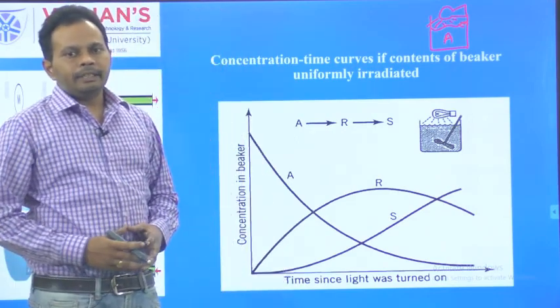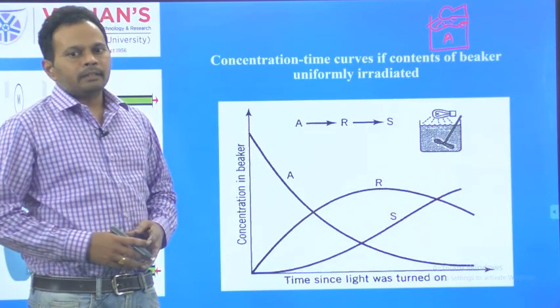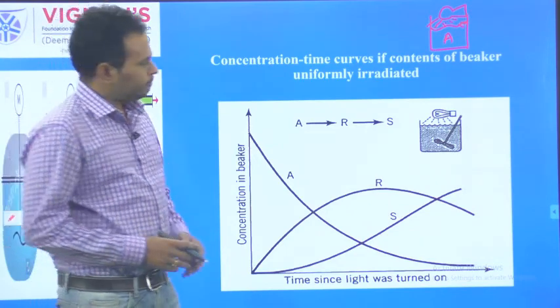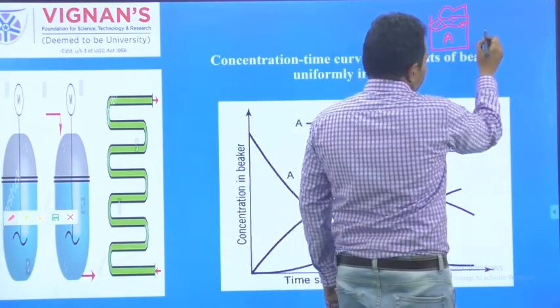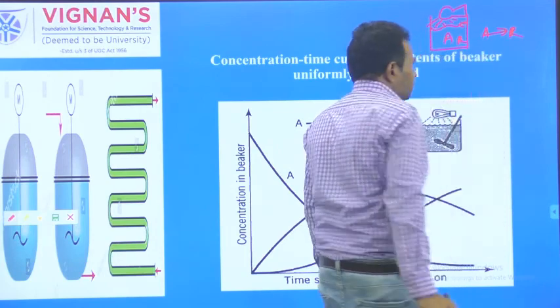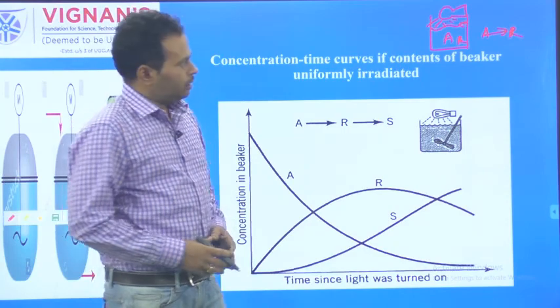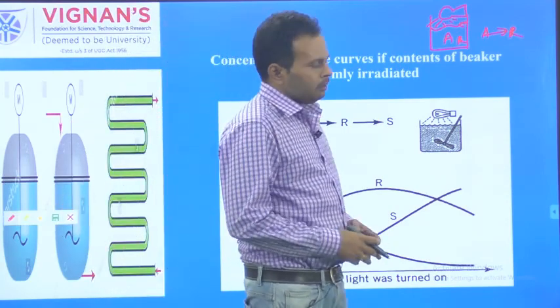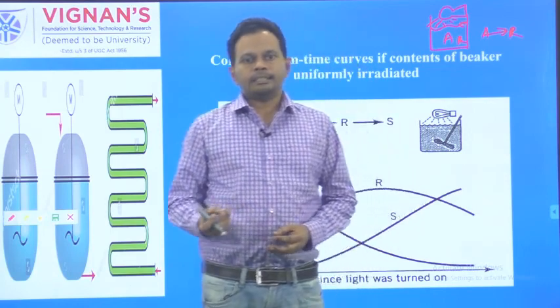Initially take the bulk A into the beaker and pass the radiation uniformly throughout the beaker. For the first bit of light, A absorbs the light energy and produces R, so we have a small amount of R within the reaction mixture. For the next bit of light, within the beaker we have a high concentration of A and a small concentration of R.